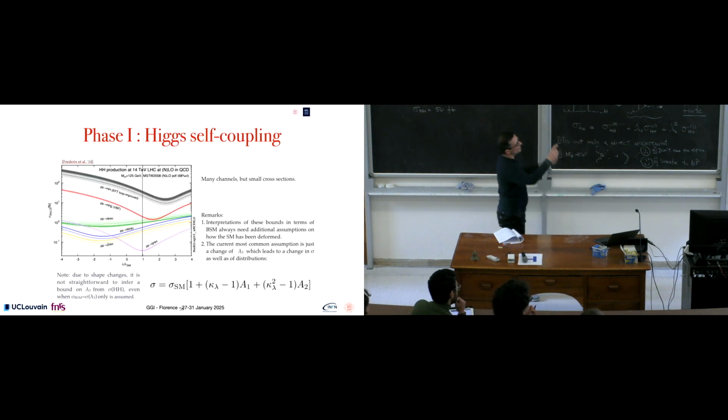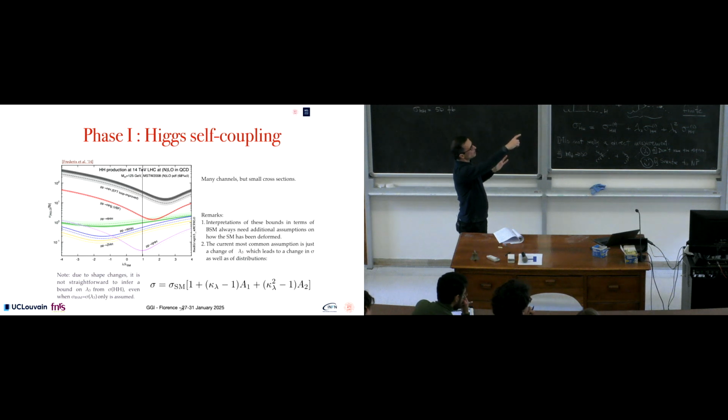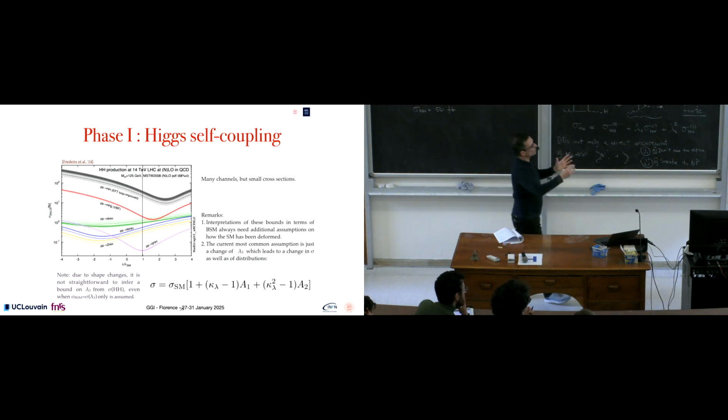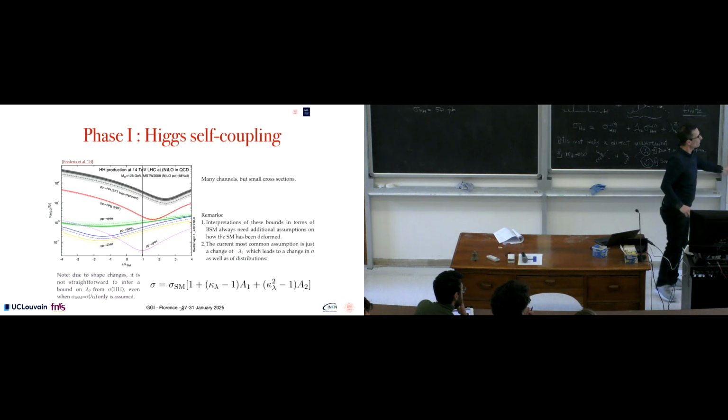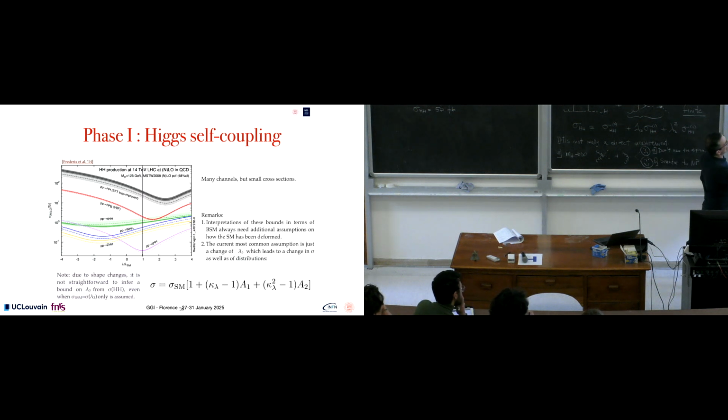Okay, so this is what I'm doing here. I'm plotting how the cross-section of double X changes if I vary lambda. Okay, here. So if I take lambda of the standard model, I'm here. And then I change lambda, I get a quadratic function of lambda. And my cross-section changes.